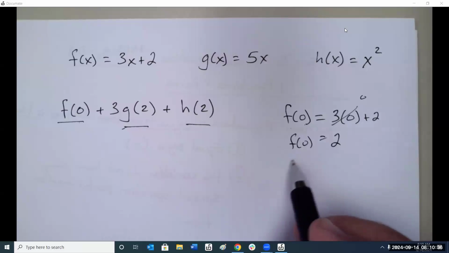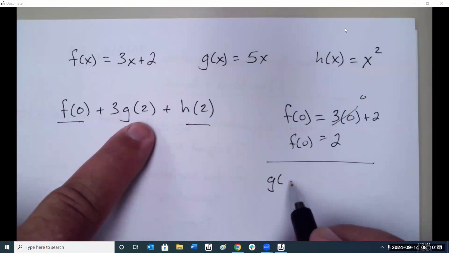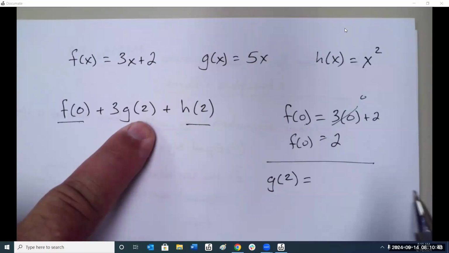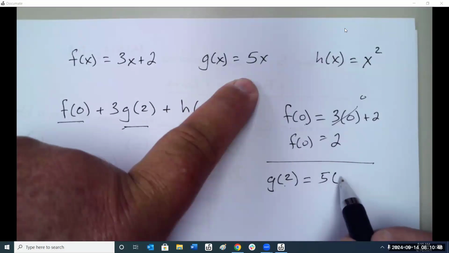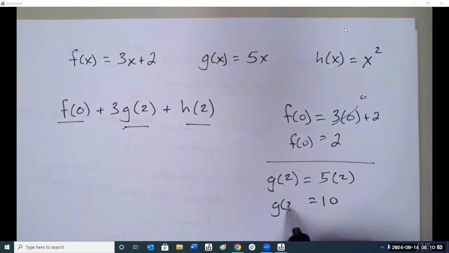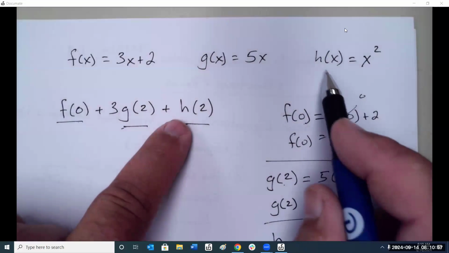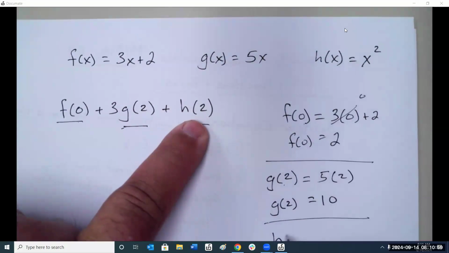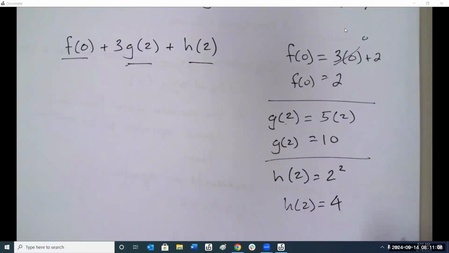G of this one here, g of 2, g is 5x. So anywhere I see an x, I put a 2. So g of 2 is 10. And here's h. I go to this function. Anywhere I see an x, I put a 2. So h of 2 is equal to 4.